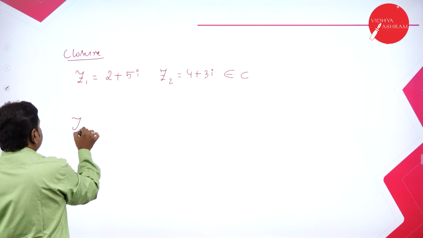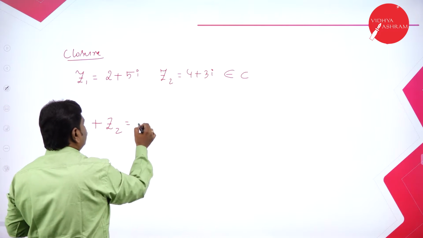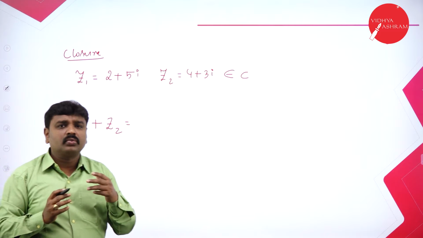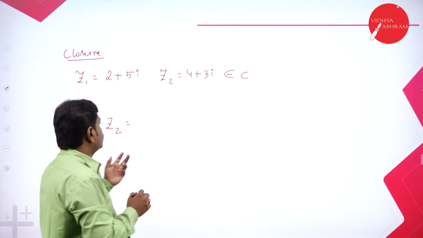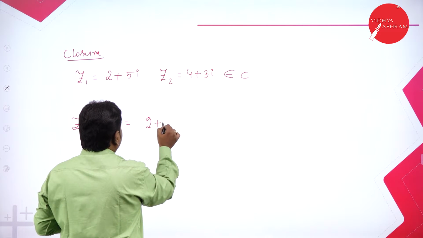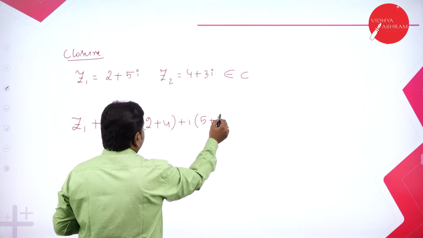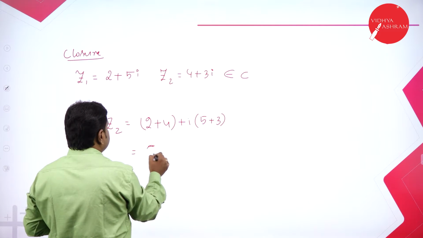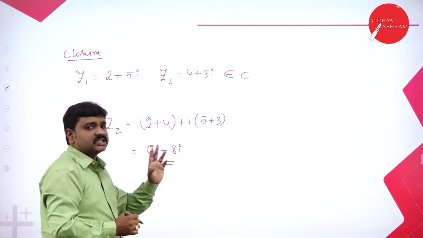So now perform the addition. So do z1 plus z2. If you do addition of two complex numbers, I told you, you can add by real plus i times imaginary plus imaginary. So we do 2 plus 4 plus i times 5 plus 3. So it will become 6 plus 8i. Now it is in the form a plus ib.